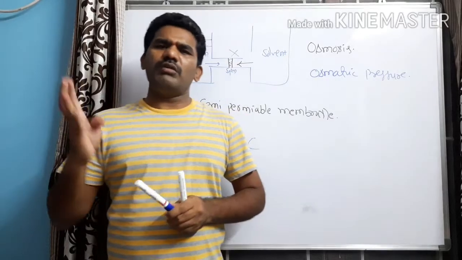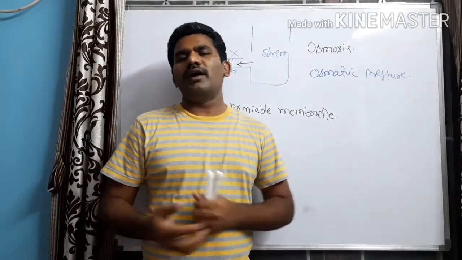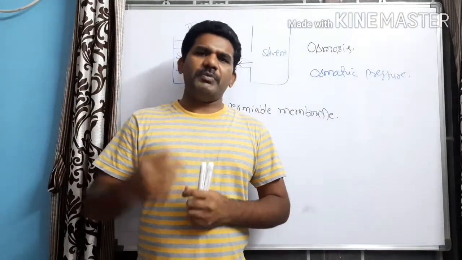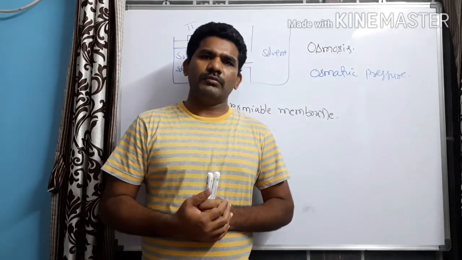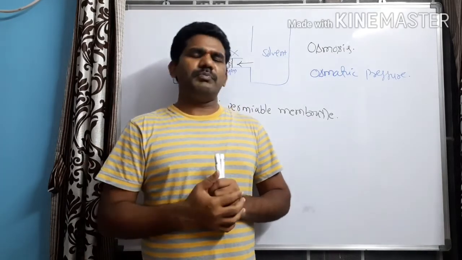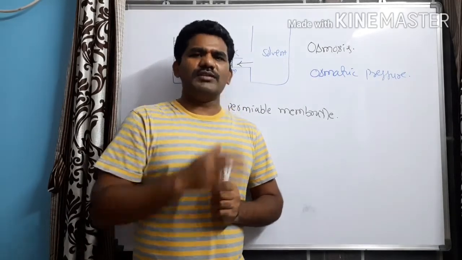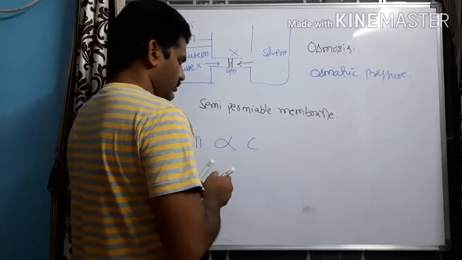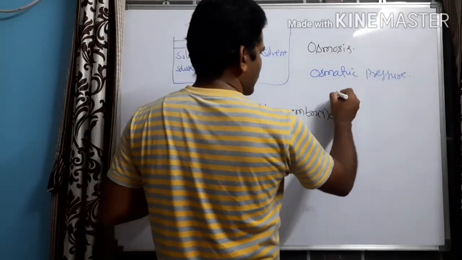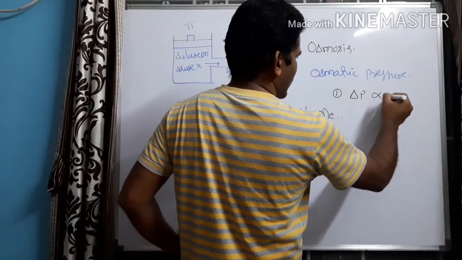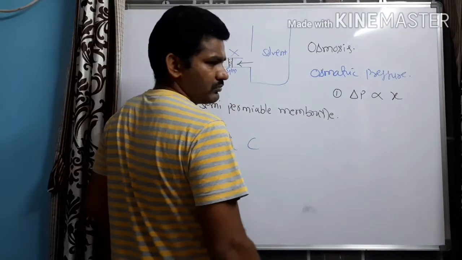These are the four important colligative properties: lowering of vapor pressure, elevation of boiling point, depression in freezing point, and fourth one is osmosis. First one, lowering of vapor pressure, is directly proportional to mole fraction.